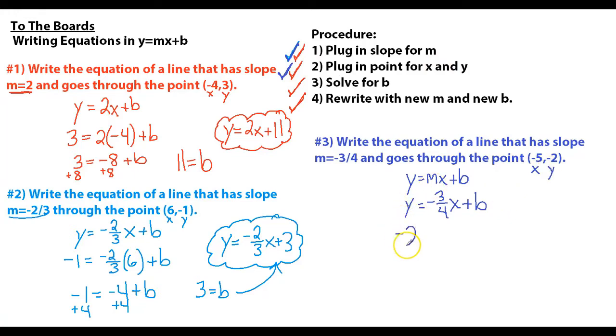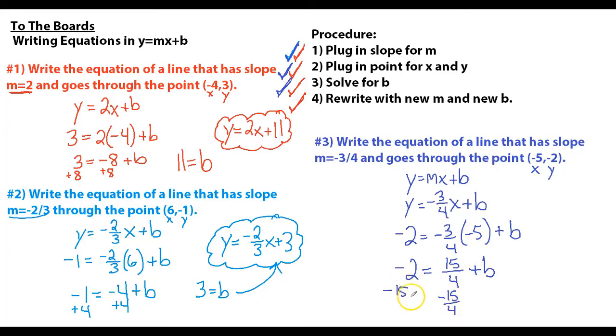So the y is -2, and the x is -5. Good. Now we need to solve for b, get b by itself. Let's multiply these out. I get -2 equals 15/4 plus b. I gotta get b by itself, so I'm going to minus 15/4 to both sides.